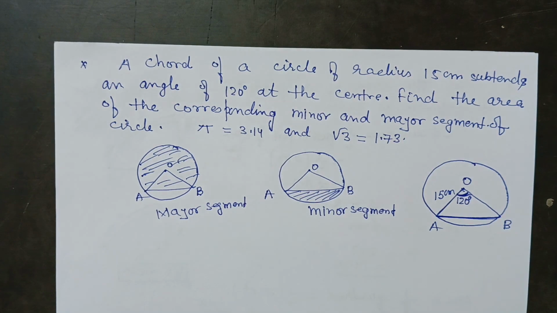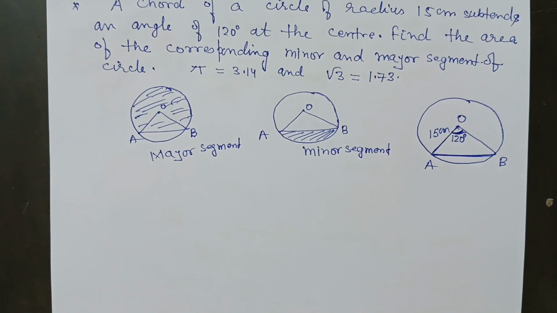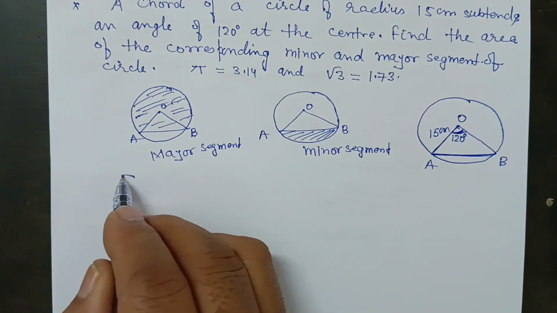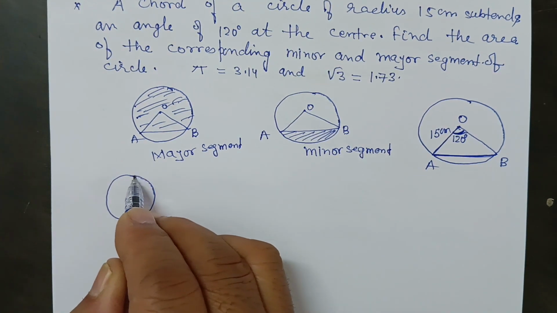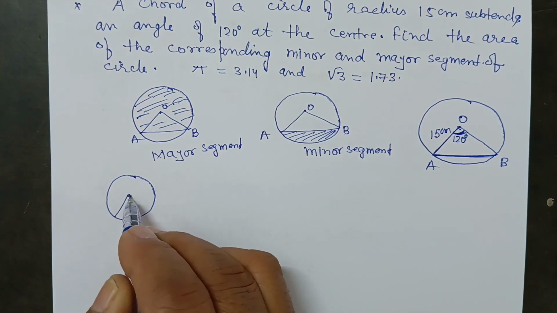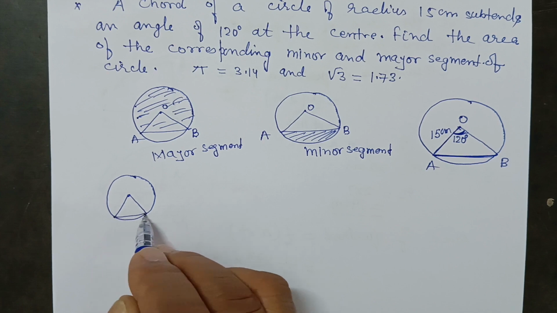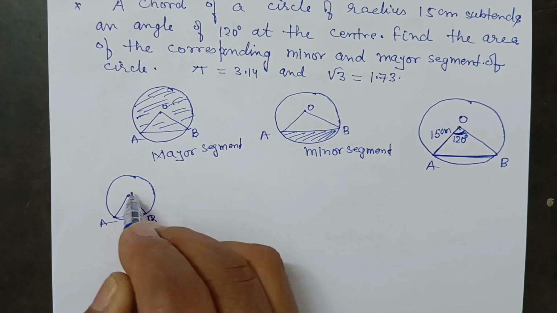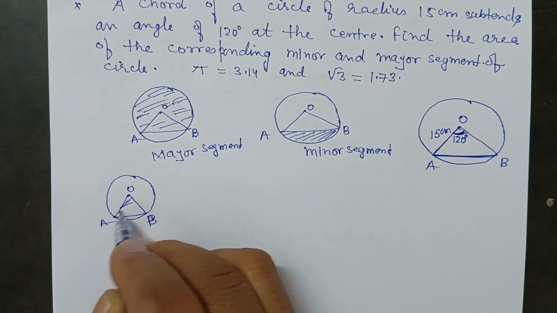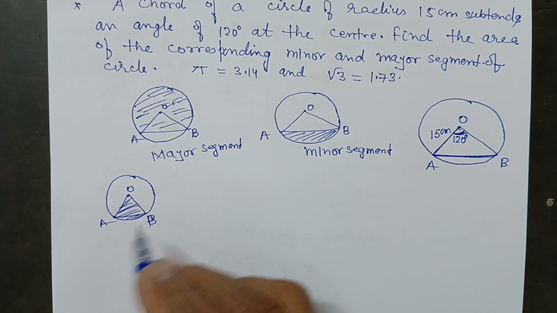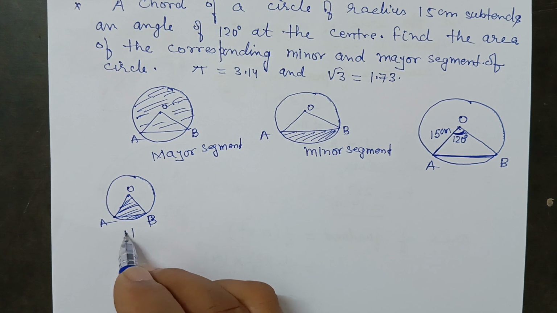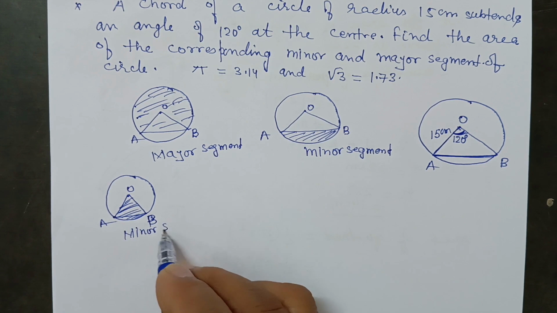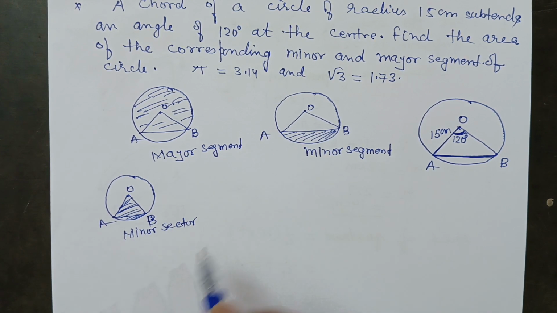Another thing I want to mention here, you also have an idea of the sector. This is the chord AB. This is called the minor sector.